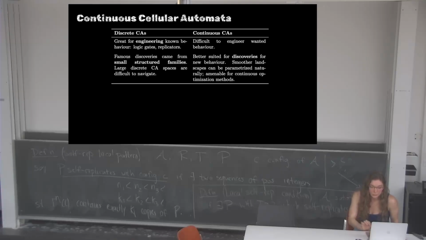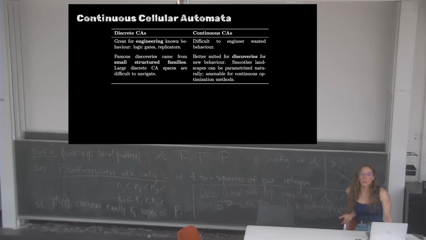If we first make a quick comparison, from what we have seen in class, for instance in the context of self-replication, discrete cellular automata are quite great for engineering if we have some desired behavior we would like the system to have. For instance, to be locally universal or to have some self-replicators, because we have the freedom to really design the local rule and the components in some compartmentalized ways.